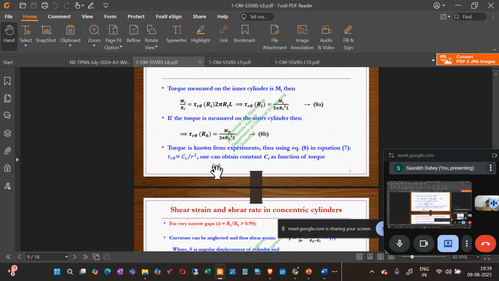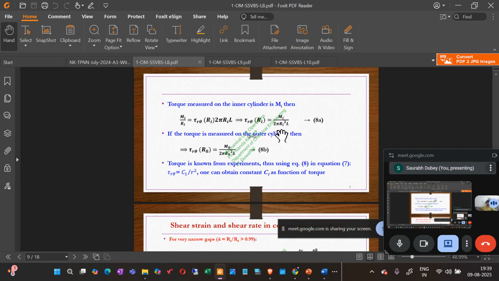It's like 8 slides are remaining. So here, till now you got to know how you are going to calculate this shear stress, right? So this shear stress is tau r theta, which is r_i, 2 pi r_i l. Once you multiply this tau r theta with this particular factor, it will give you the torque divided by R_i.